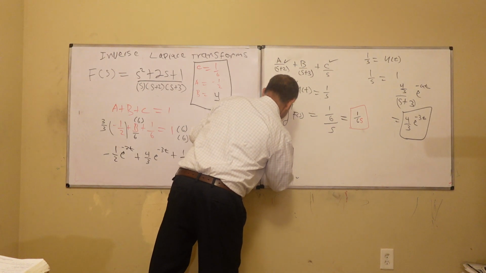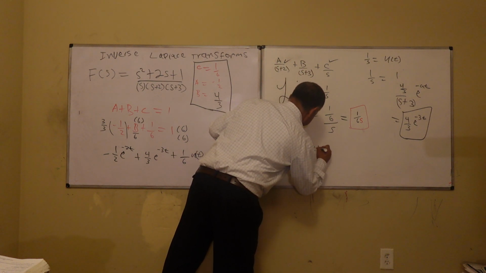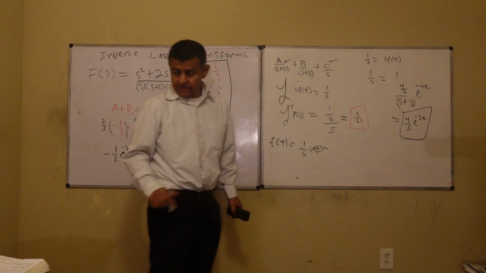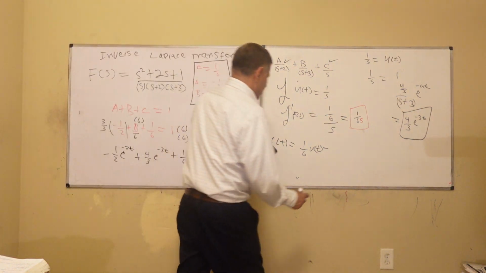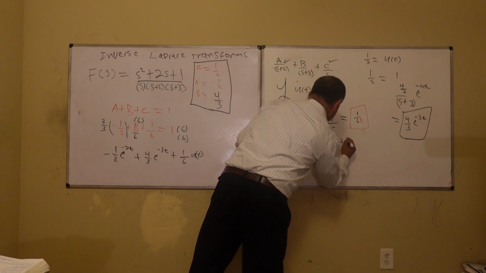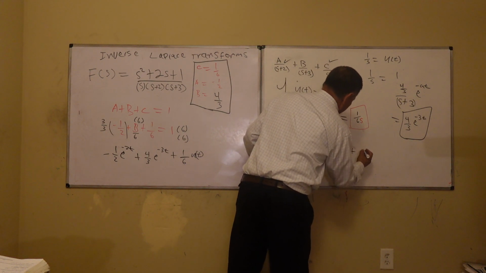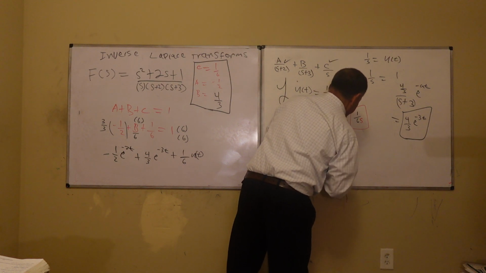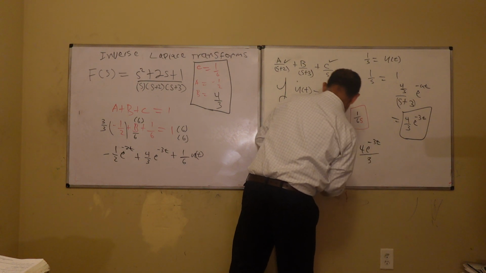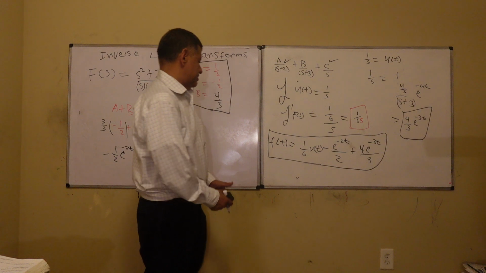So f of t, which is the function now, is 1/6 u of t, and then negative 1/2, I think that's what they have, negative 1/2 e to the 2t over 2, plus 4 e to the 3t over 3. And that's how. Okay, so that's it.